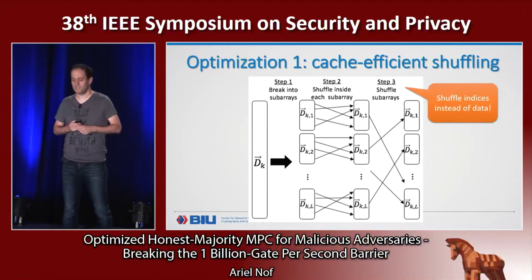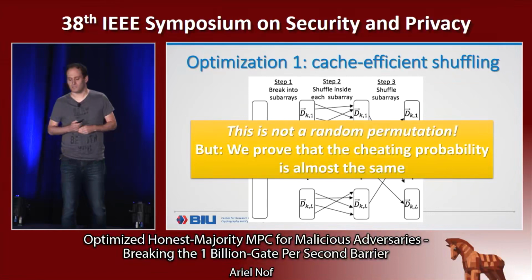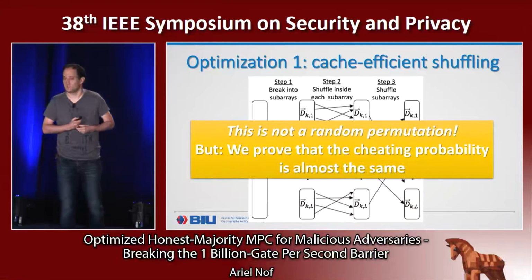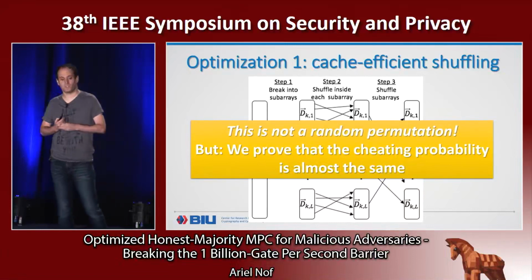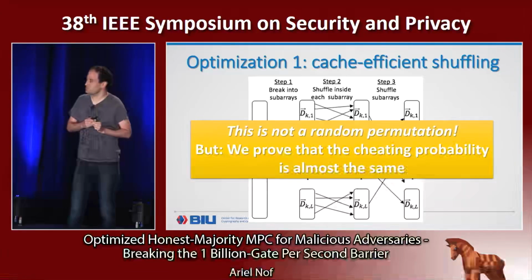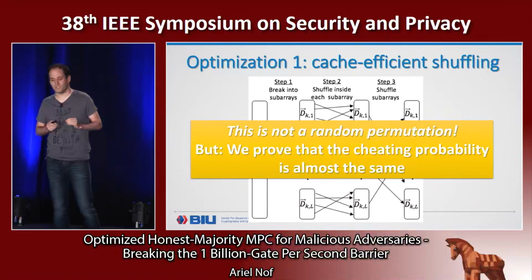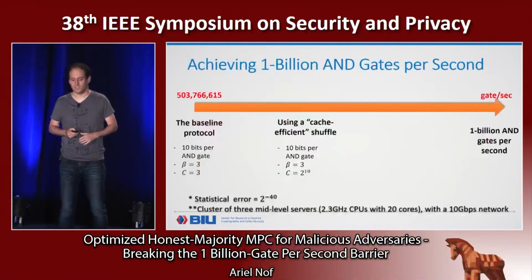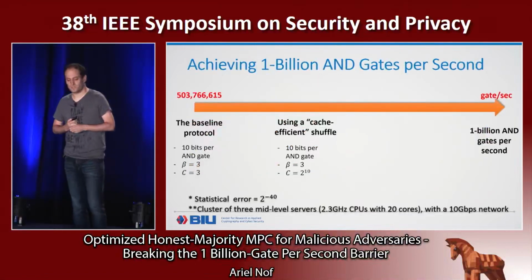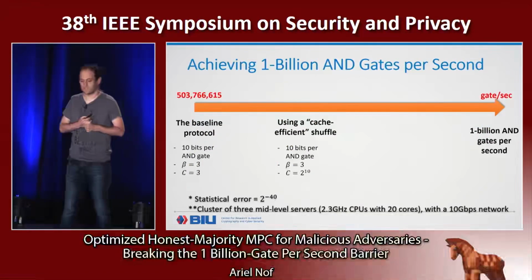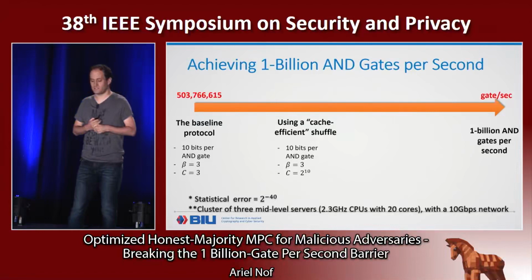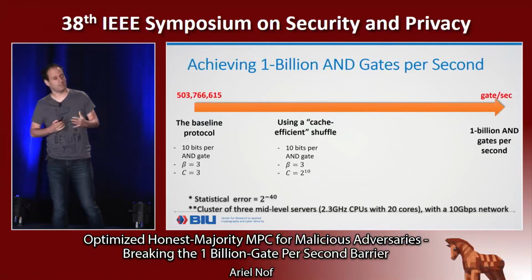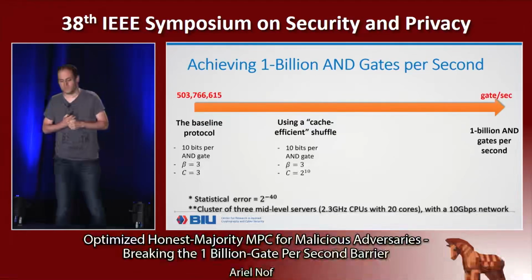So there are no cache misses. The point here is that this is not a random permutation. We had a random permutation at the beginning, now we don't. Even so, we managed to prove that by changing the parameters only slightly, we still achieve the same level of security. Specifically, as you can see, we have the same communication and need the same bucket size, but we need to open a little bit more triples, 1,000 triples.